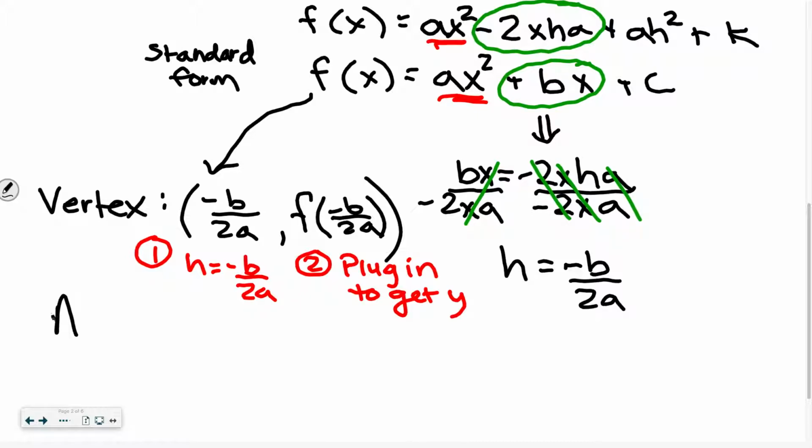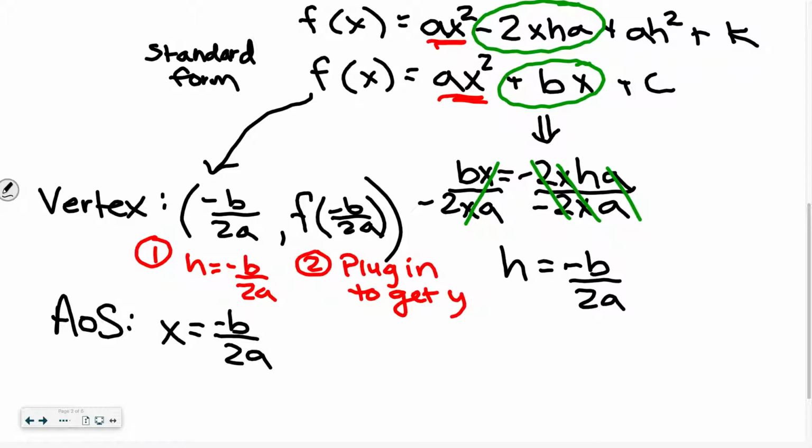Okay, so if you have your vertex, then you also have your axis of symmetry. Yesterday we said x equals h, but now we'll just say x equals the opposite of b over 2a. You won't have to recalculate this. If you've already done your vertex work, you're just going to put the number there, right?